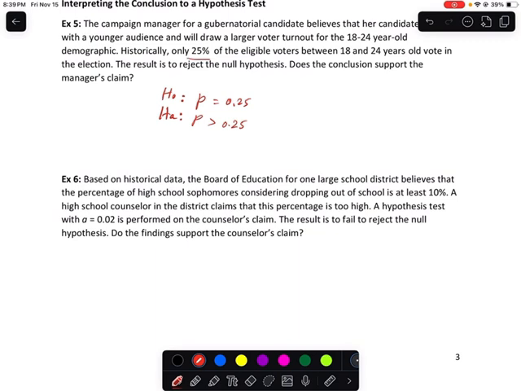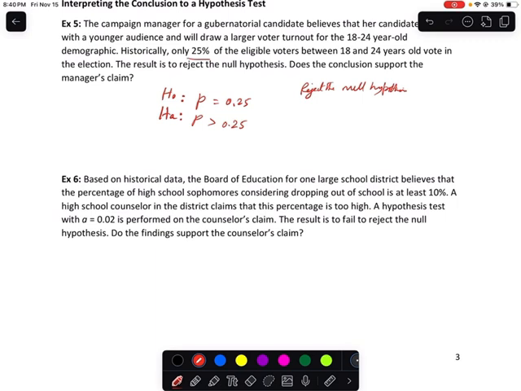Okay, so this is the hypothesis, and then it says the result is to reject the null hypothesis. This is the conclusion. Now the question is, does the conclusion support the manager's claim?